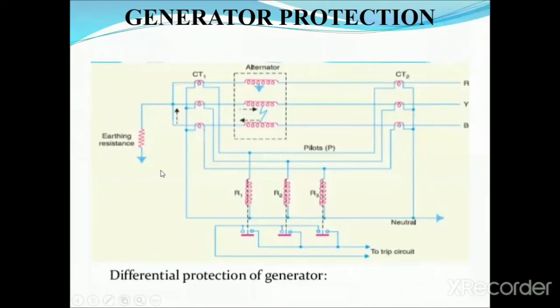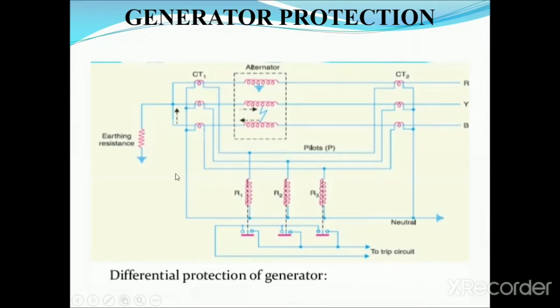And we observe this is the earthing resistance. The earthing resistance is also connected to the alternator. Why? Because if any earth fault occurs, some fault current will flow through the relay coil and the relay will operate.